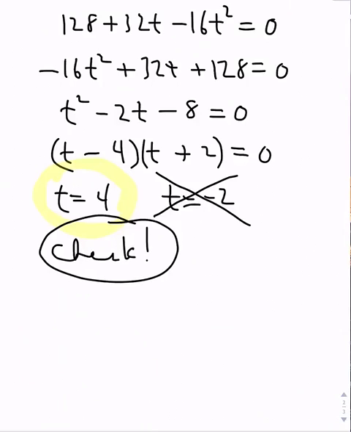In this case, you could check by taking 4, plugging it into my original equation up top, and just verify that it does in fact equal 0. So that's how we typically check to make sure that our solution is in fact a solution. But it works out. And so we have determined that the ball will hit the ground in 4 seconds.